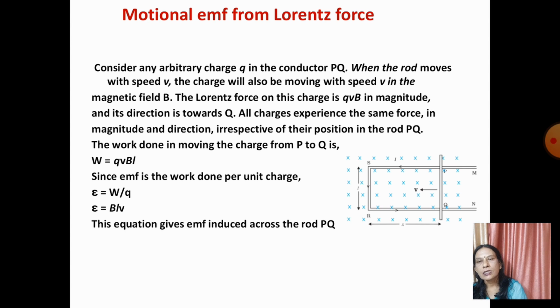So all the charges will experience the same force.